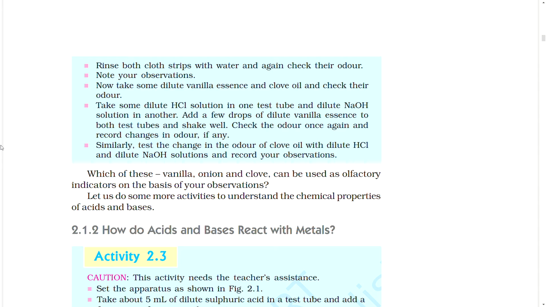Similarly, test the change in the odor of clove oil with dilute HCl and dilute NaOH solutions and record your observations. Which of these, vanilla, onion, and clove, can be used as olfactory indicators on the basis of your observations? Let us do some more activities to understand the chemical properties of acids and bases.